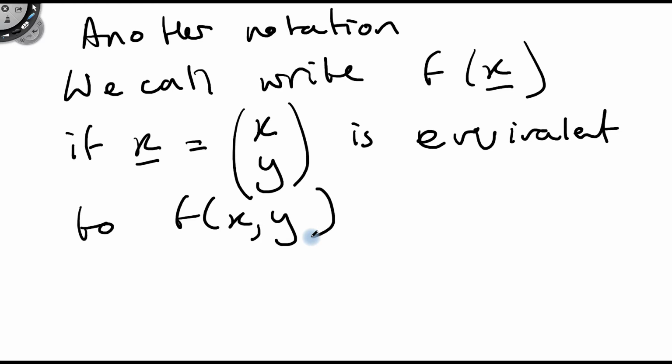And you see already that being able to put a vector in the arguments of a function is very convenient, especially when you've got more than 2 dimensions, 10 dimensions say, you just put the vector in there. So that's another bit of notation we'll be using. It's okay to put a vector in the argument of a function, it's equivalent.